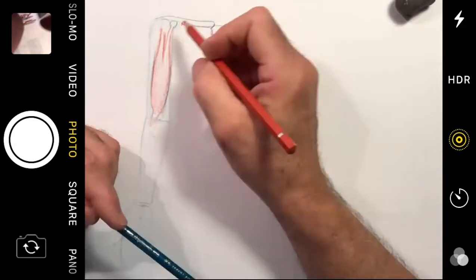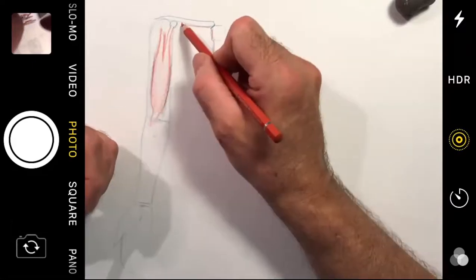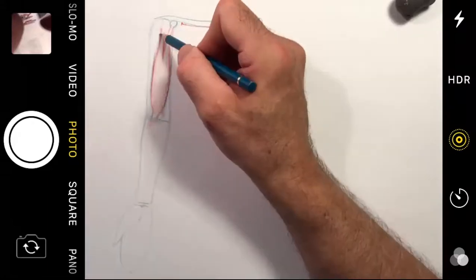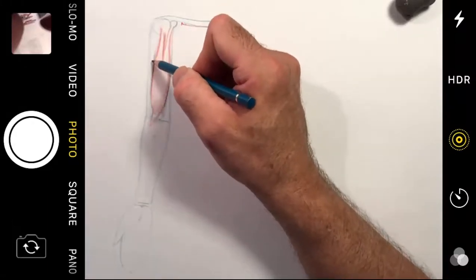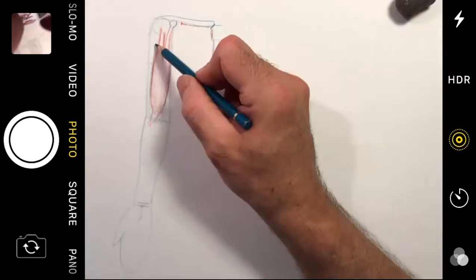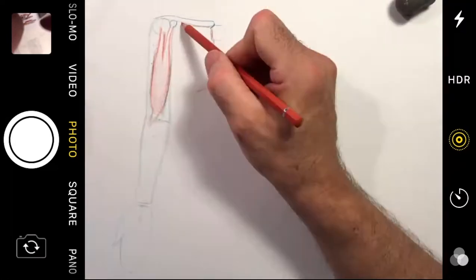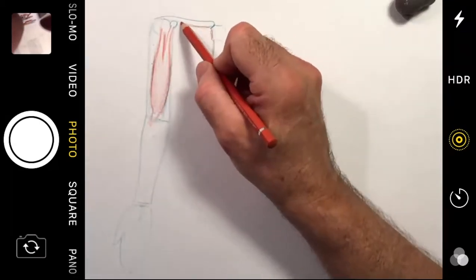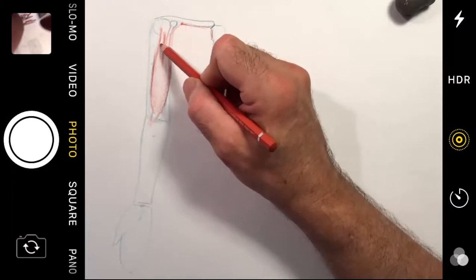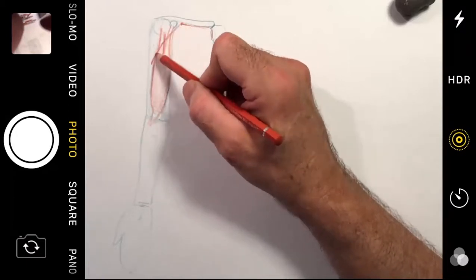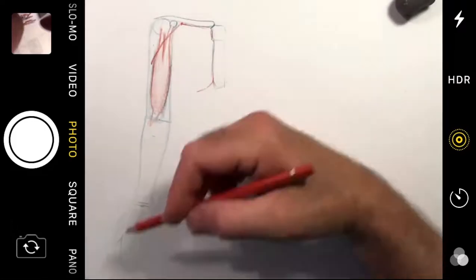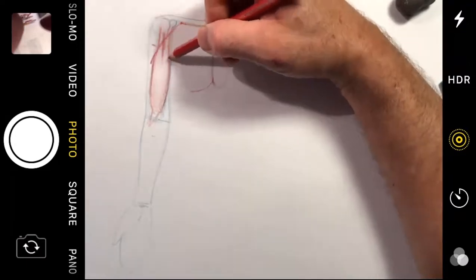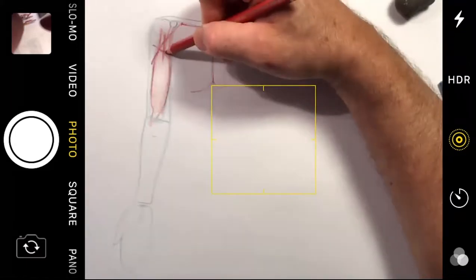Now the point of insertion is going to be on the side of the humerus, a little bit below the head of the humerus. So here and here, more or less. Now what I do is this: I go from the high point of origin of the pectoralis to the low point of insertion, and then from the low point of origin to the high point of insertion, because the pectoralis will twist on itself.